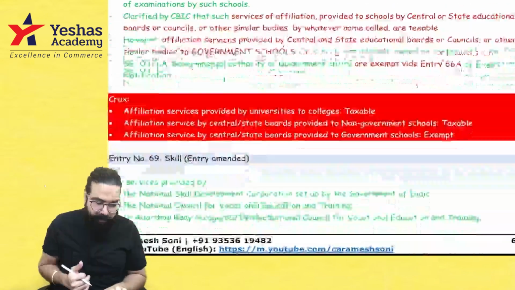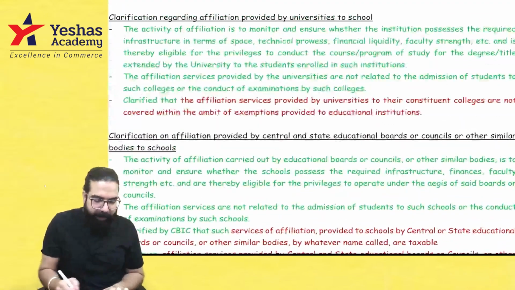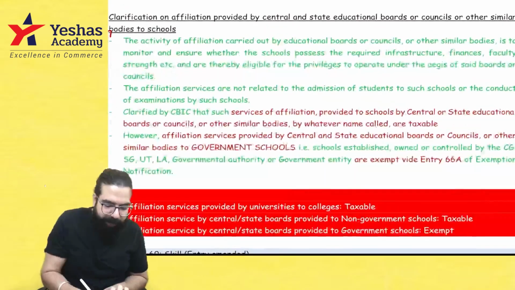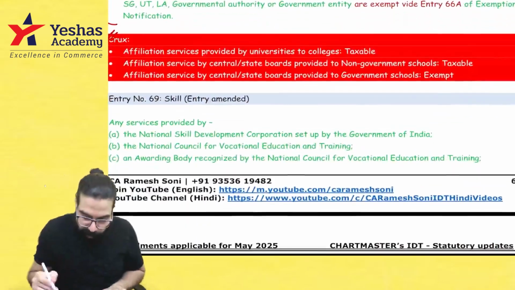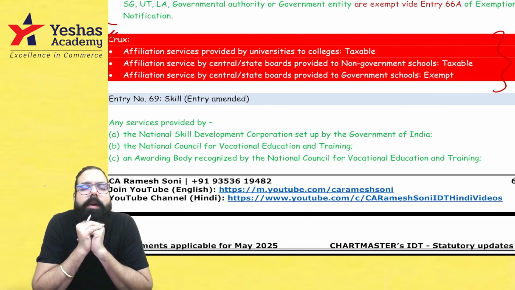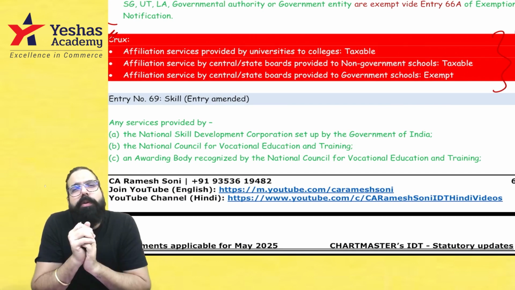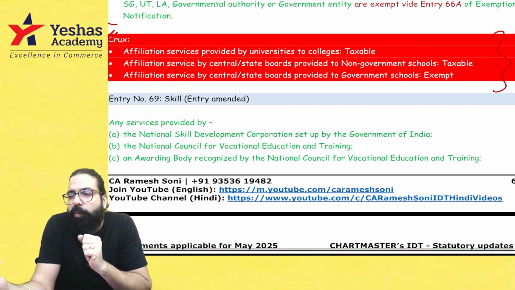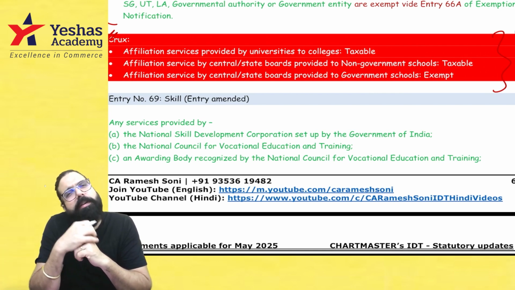Now you will tell me, sir, can you please summarize? So, there is a clarification which further came. In this clarification, you can remember this point for your exam. That is more than enough. Listen. Boards, universities, Bangalore University, going ahead and giving affiliation to one college, then what will happen? That is taxable.